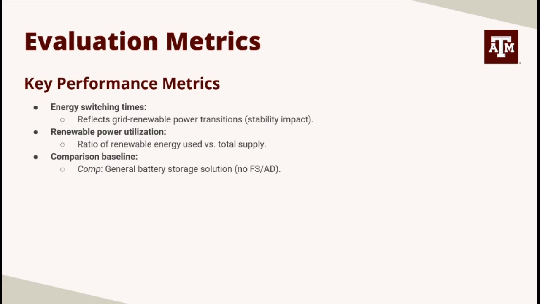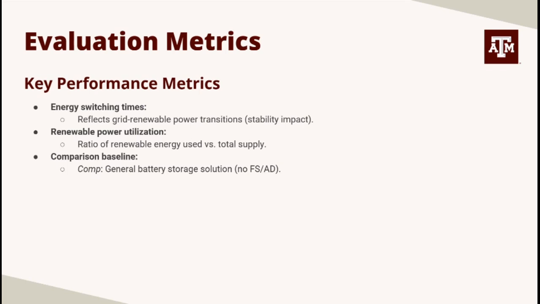Second, renewable power utilization, which quantifies how much green energy was actually used versus wasted. For comparison, we used a baseline approach called COMP, which represents a standard battery storage solution without our optimizations.